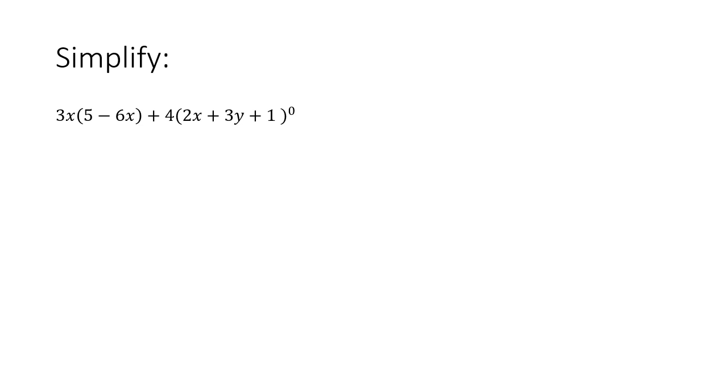So, as we mentioned previously, a number raised to 0 is equal to 1. So, we write 1 here. So, now we will have 3x times the quantity of 5 minus 6x plus 4 times 1.